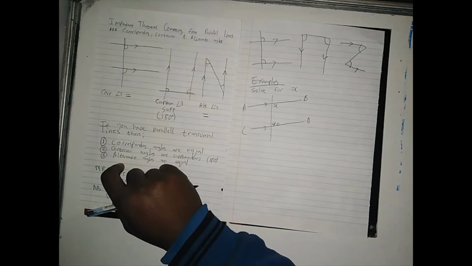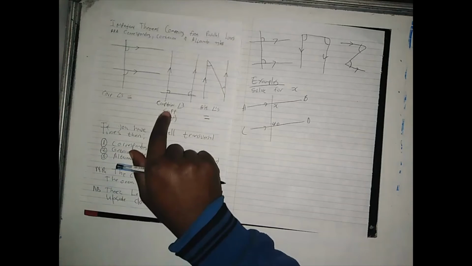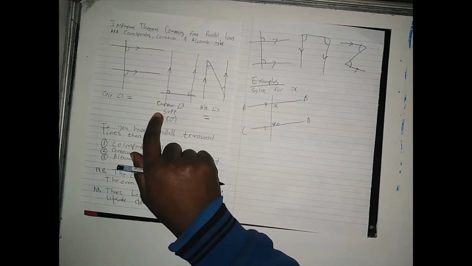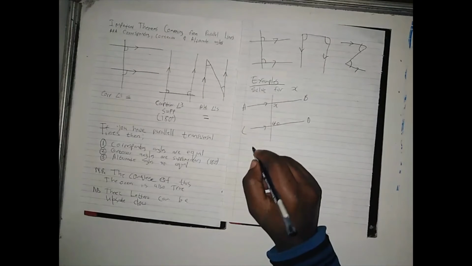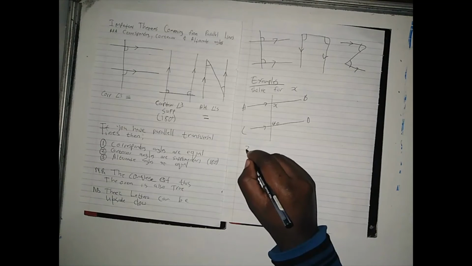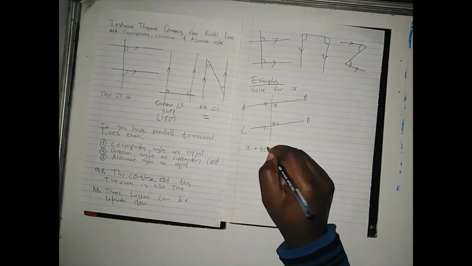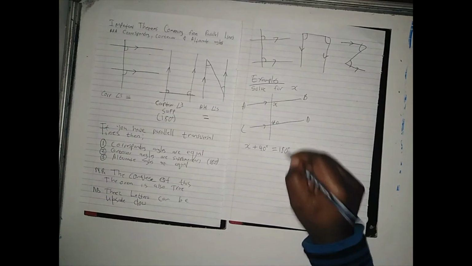It says that if you've got transversal lines being parallel, and there's a U shape somewhere there because of those parallel transversal lines, the co-interior angles are supplementary. So you will then say X plus 40 degrees is equal to 180 degrees.